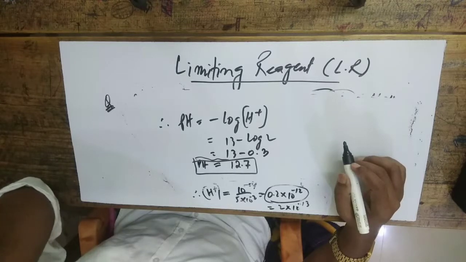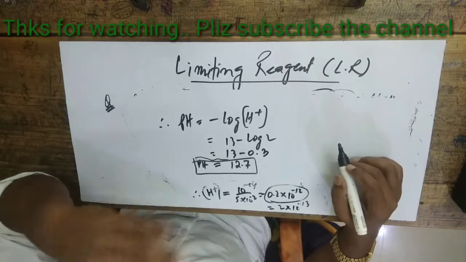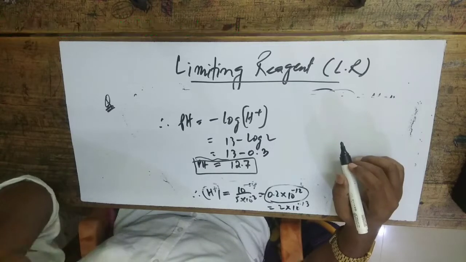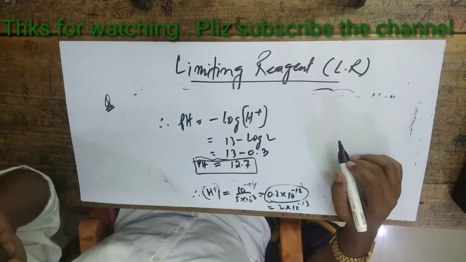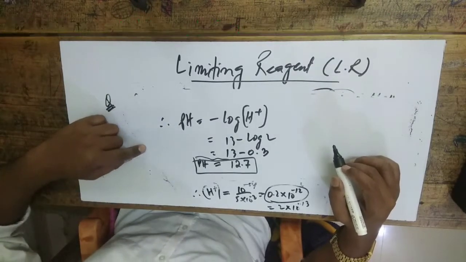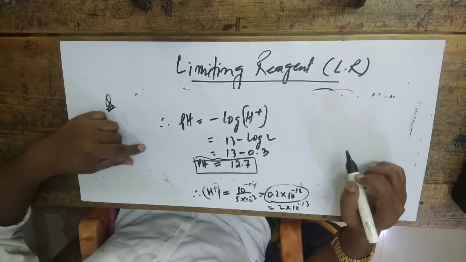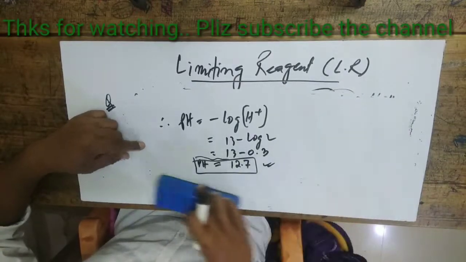So the limiting reagent in this case will be HCl, and the HCl will be finished before the NaOH. So NaOH will be left, and since NaOH is left, the mixture will be basic in nature, hence its pH is greater than 7.